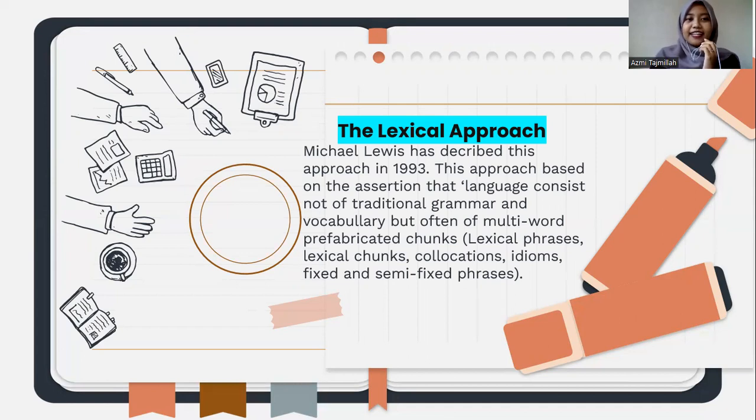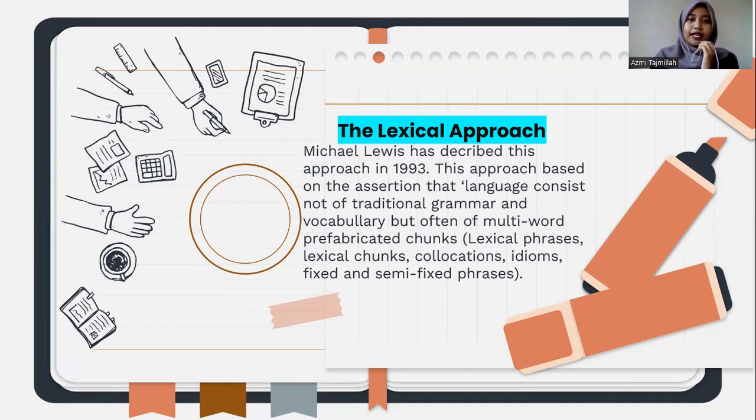And the lexical approach is fairly straightforward in the area of methodology because there are some activities that students can do.